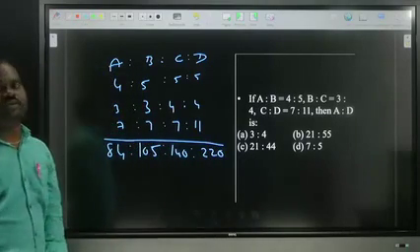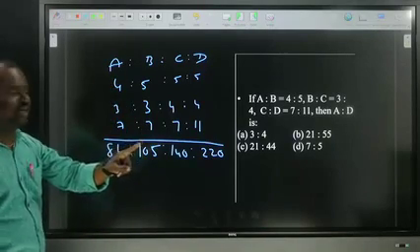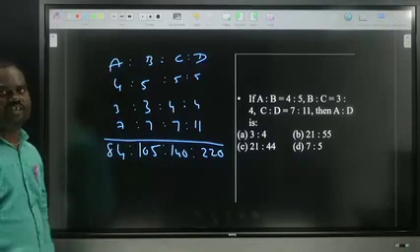In that way, whenever the question asks for the ratio of A is to B is to C is to D, in this way we can proceed.